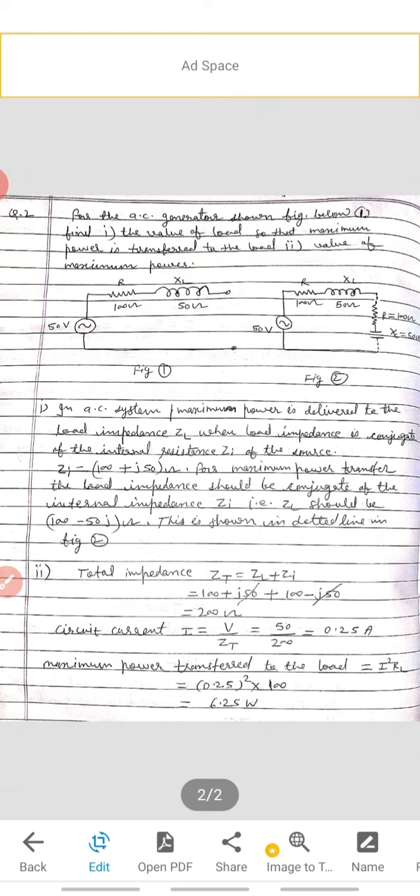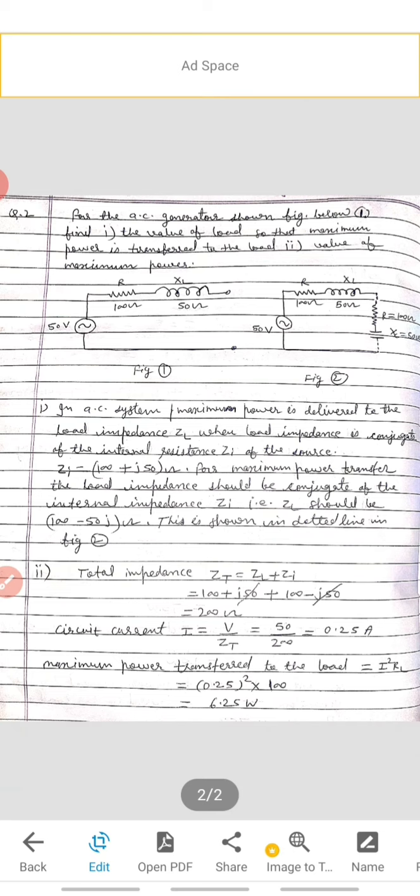Now first case. In an AC system, maximum power is delivered to the load impedance ZL when the load impedance is the conjugate of the internal impedance ZI of the source, and ZI is equal to 100 plus J into 50 ohm.